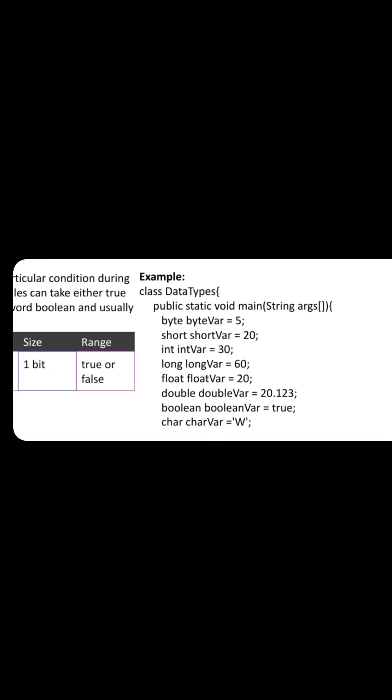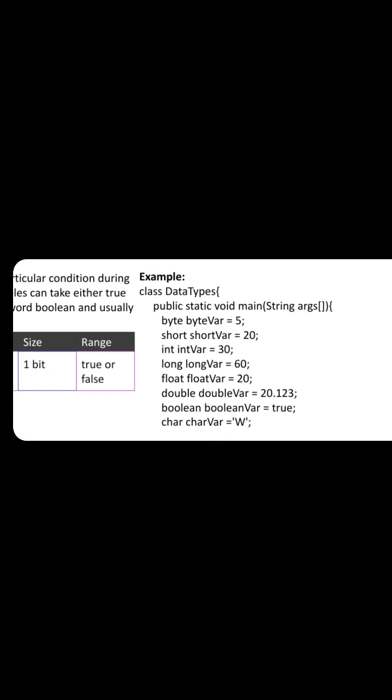Long variable is equal to 60, and float variable is equal to 20. It has been defined with only a whole number. If you want to define only whole numbers, then the fractional part will be carried out in the form of zeros. So double variable is equal to 20.123.